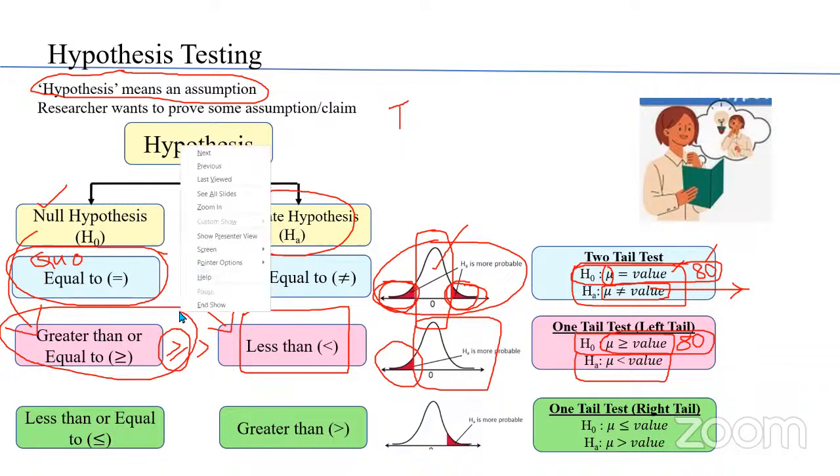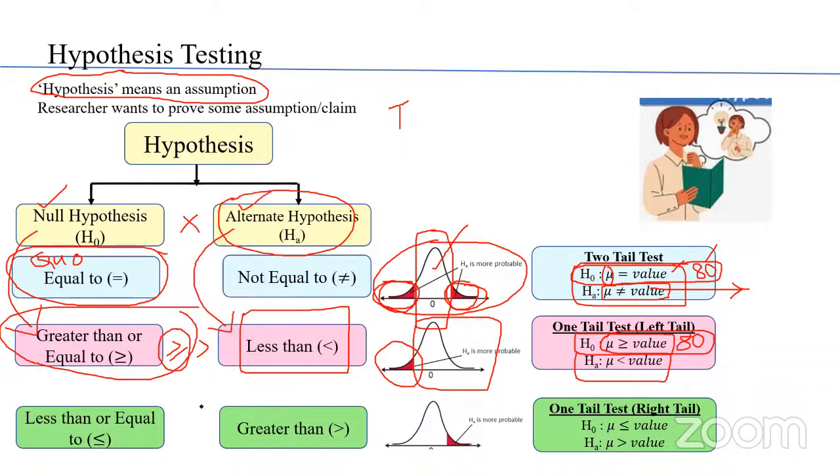Similarly, if it is a right-tail test, where the rejection region is this one, then the null hypothesis value is less than or equal to. There are certain things like blood pressure. It should be less than or equal to 150. Till that time, it is okay.